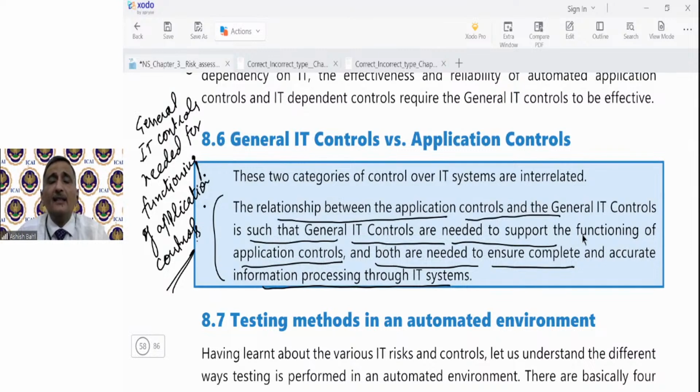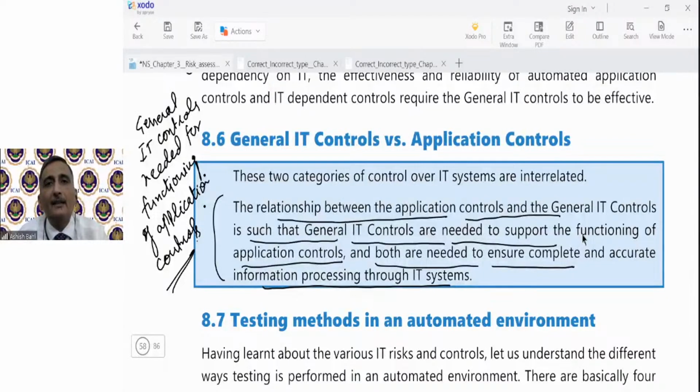So testing methods in an automated environment. So students, how do we test controls? Leave the automated environment aside. How does an auditor test controls? By what methods does he test controls?